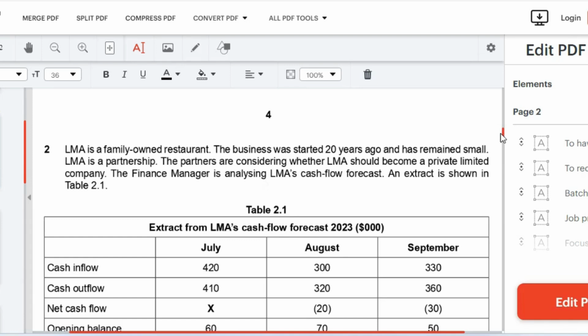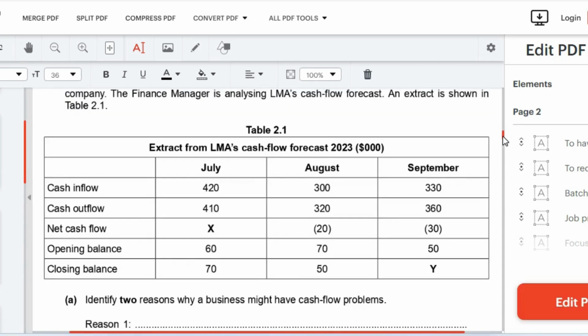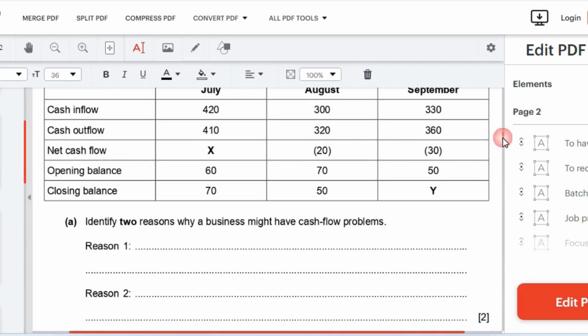Now let us look at the question underneath. Question 2A asks us to identify reasons why a business might have cash flow problems. Why do you think a business can have cash flow problems? Of course, the first reason is too much inventory.